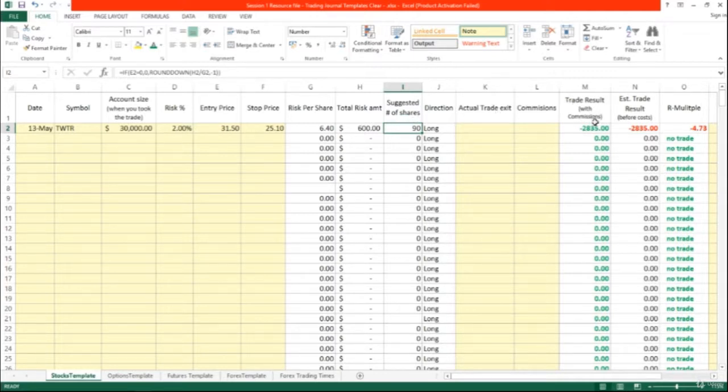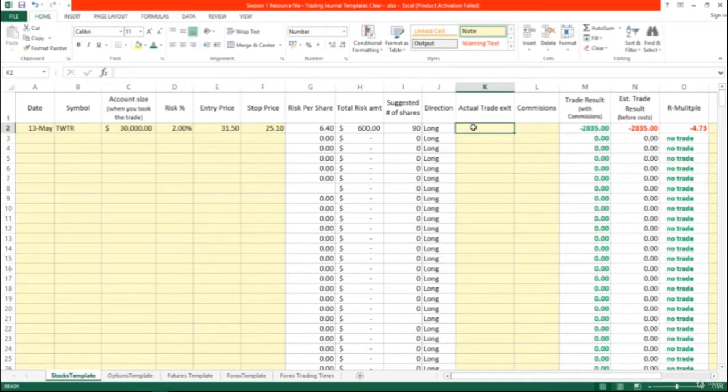That means you are willing to put $2,835 in the market, which is the same amount as 90 shares of this Twitter. This is what the calculator provides to ease your job in calculating how many shares you need to buy in order to risk a certain amount of your account.